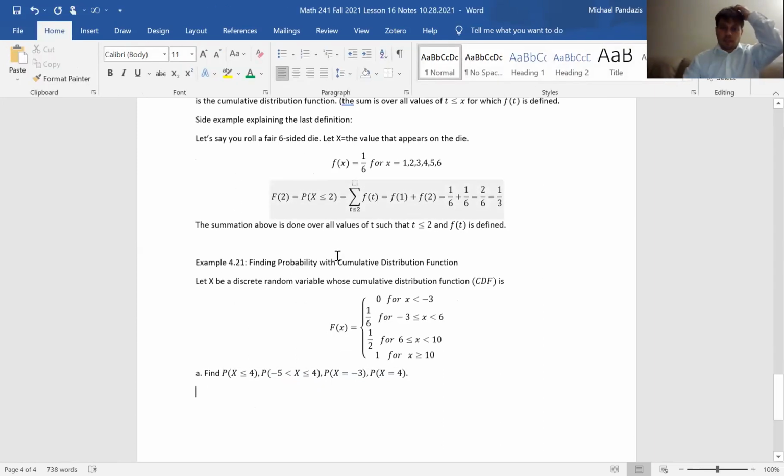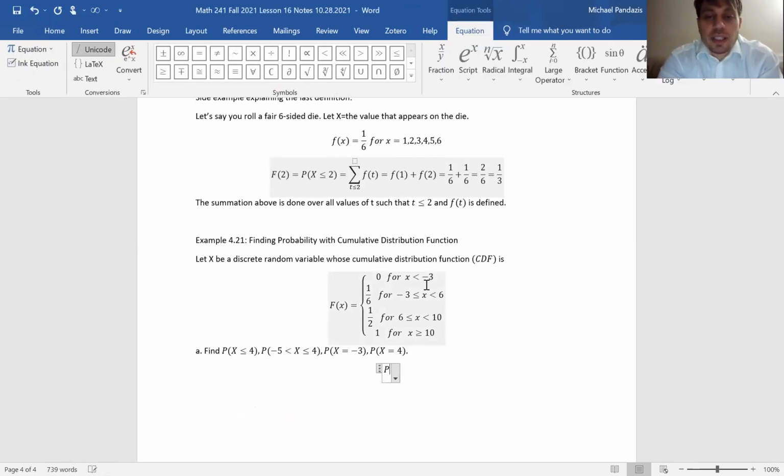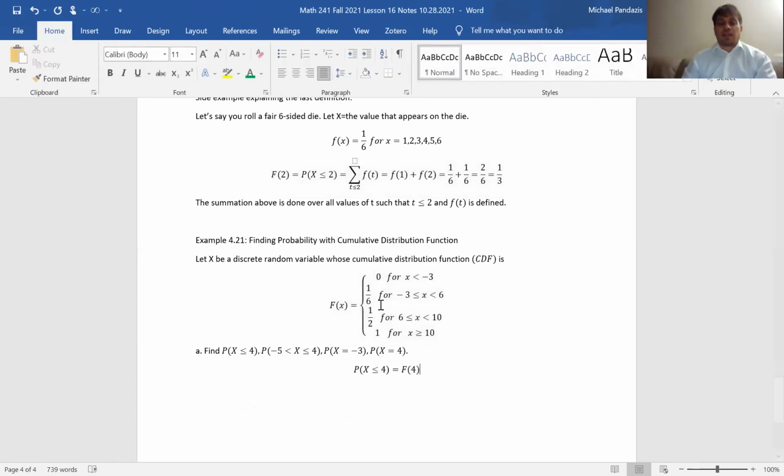Those 4 probabilities. So the probability that capital X is at most 4 is capital F of 4. That's the meaning of capital F of 4. Capital F of 4 is the probability X is at most 4.